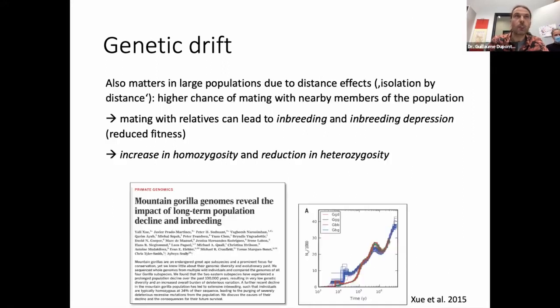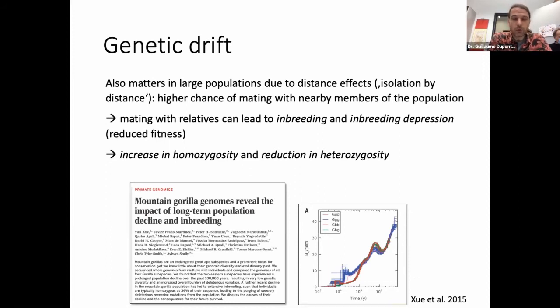So I said that genetic drift has a large influence on small populations, which you can all understand. And we will soon see this with examples from gorillas.